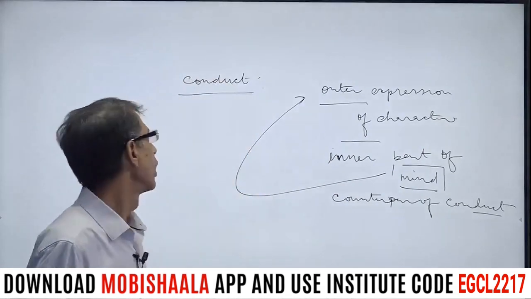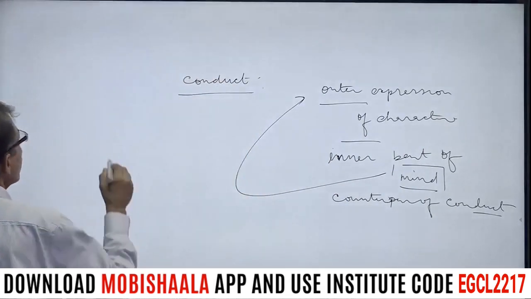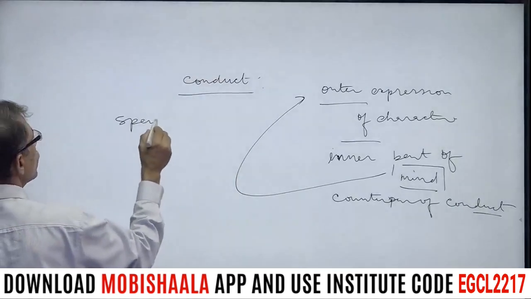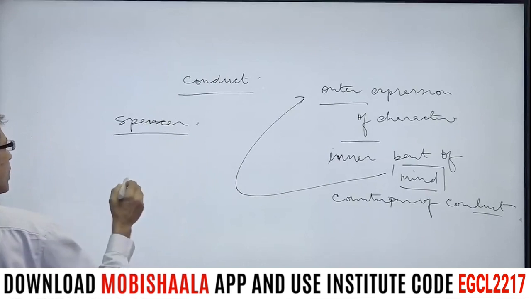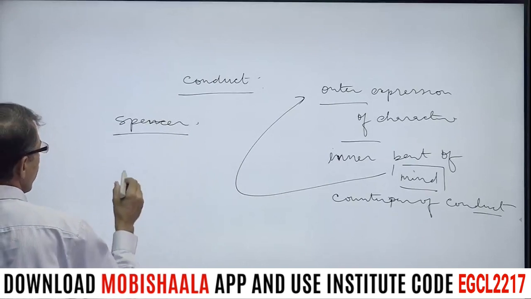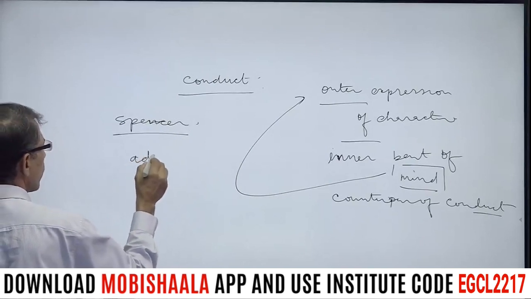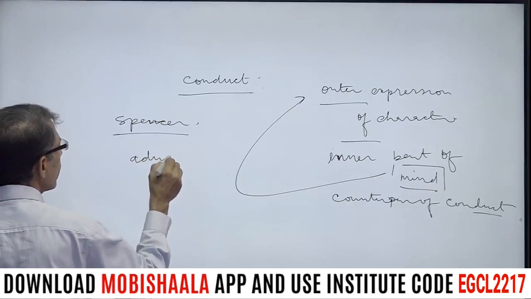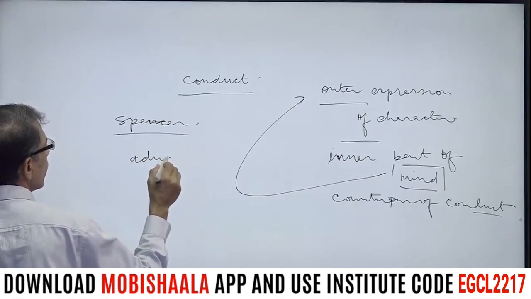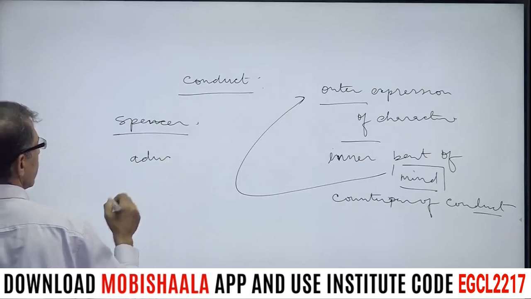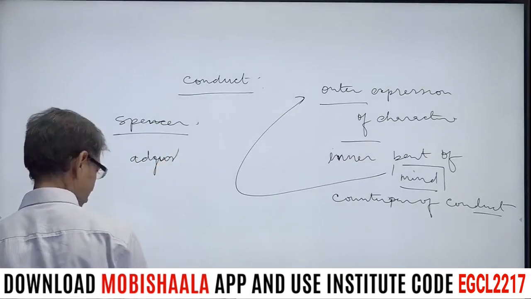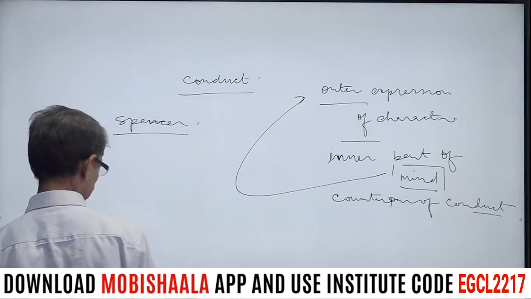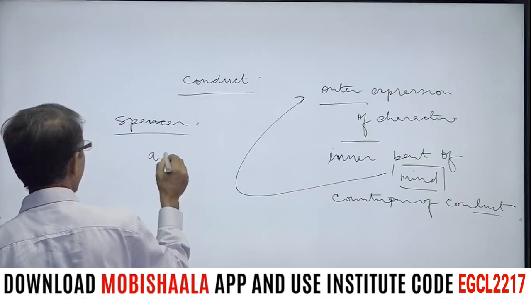An interesting thing is that Herbert Spencer says that conduct is continuous adjustment. According to him, conduct is a continuous adjustment between what?